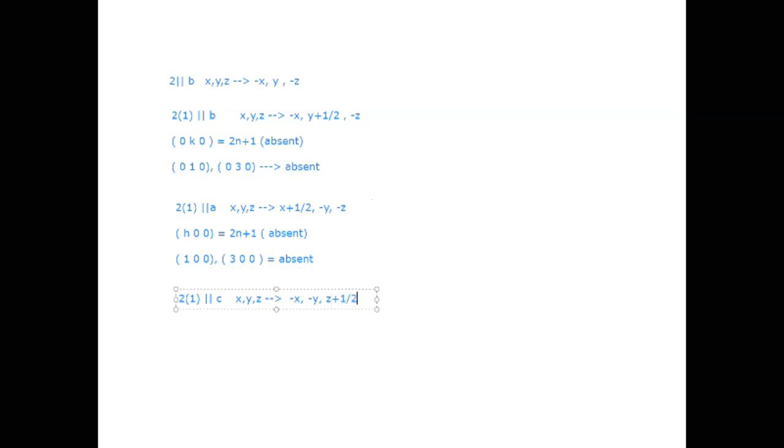So again, since X and Y are negative, they get the indices zeros for their reflection. So we're looking at the 0, 0, L reflections, and this has to satisfy the condition of being odd or absent.